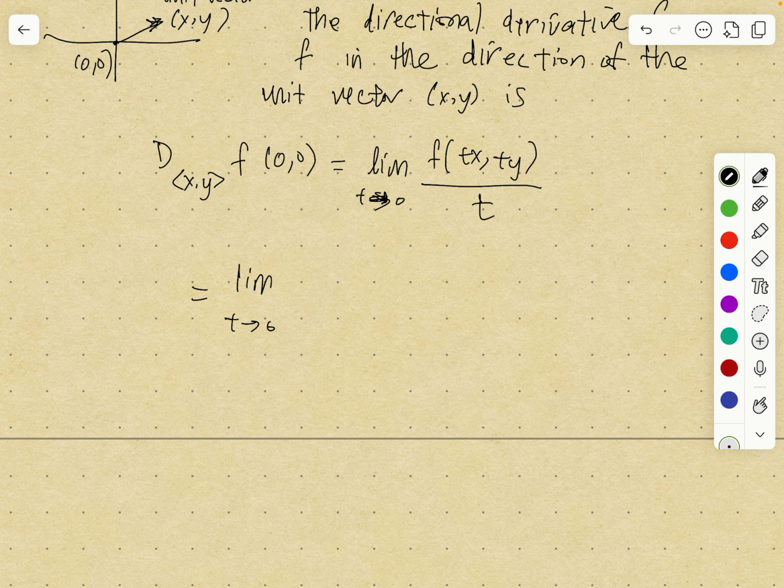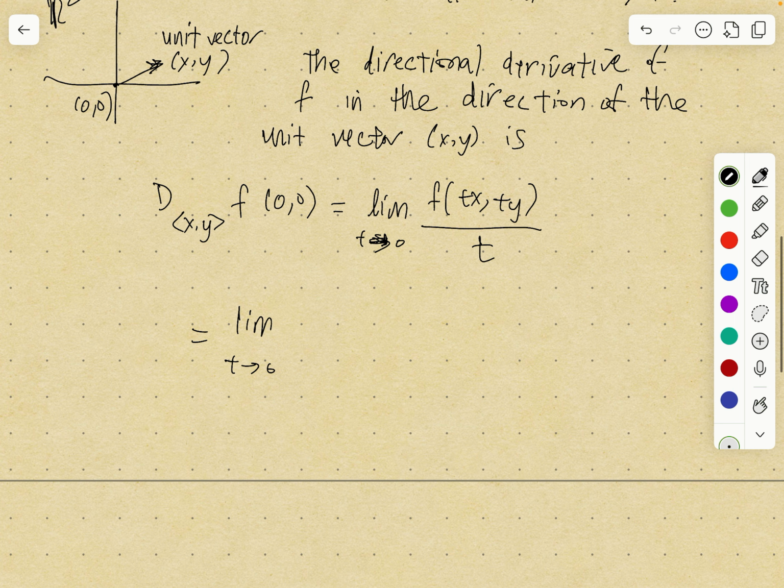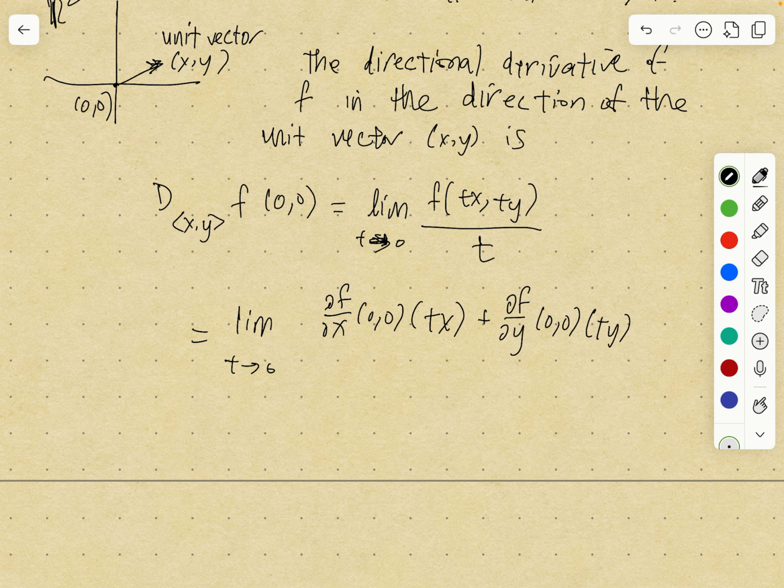So if we do that, we're going to get, well, f of 0, 0, that's 0, and then plus partial f, partial x evaluated at 0, 0 times tx plus partial f, partial y evaluated at 0, 0 times ty plus the remainder, r sub 1 of tx comma ty.